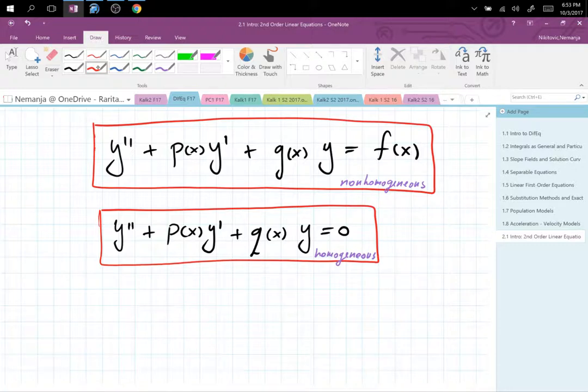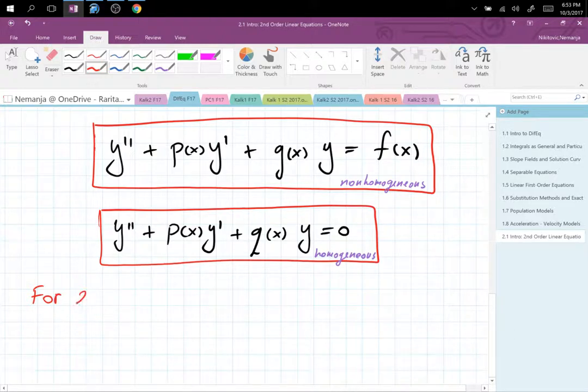And we write: if the equation is a homogeneous linear equation, then you can work with the linear combination of two solutions. So this is very important.